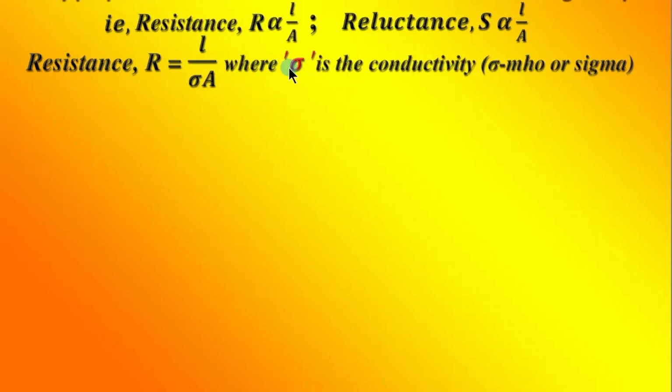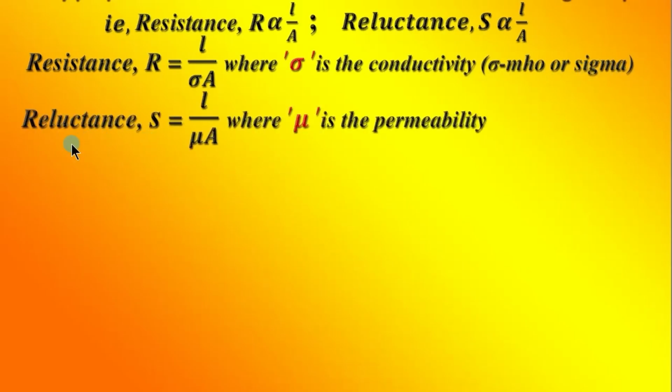Here, conductivity is the constant of proportionality, so that R is equal to L by sigma into A. Sigma is conductivity. In the case of magnetism, mu is the permeability, which is the constant of proportionality.